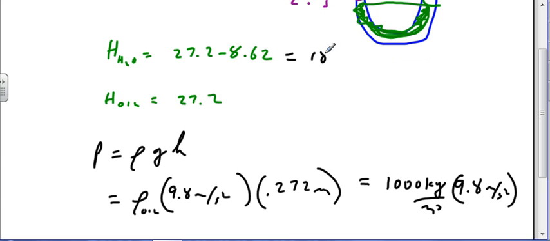We have 18.58, so 0.1858 meters. Okay, so that goes right here.